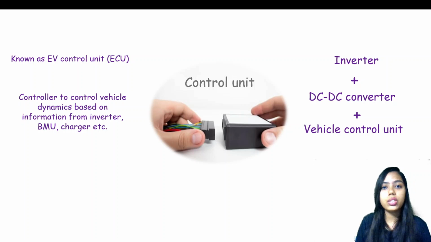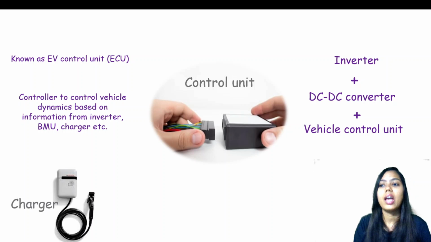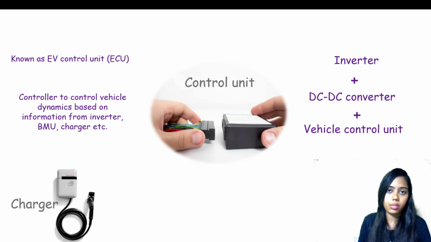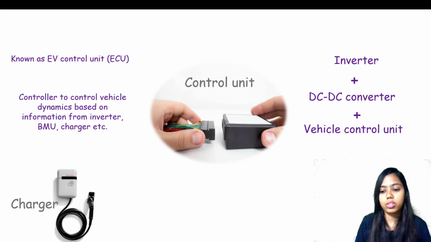The other component which I would like to mention here is the charger. In some literature, the charger is considered a part of the ECU, and in some literature it is not. So the charger is a charging element which gets electrical energy from external sources such as the grid or solar plants or any other source, and it provides the energy to our battery.